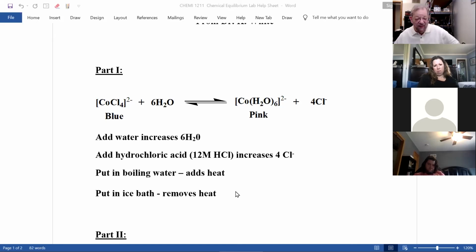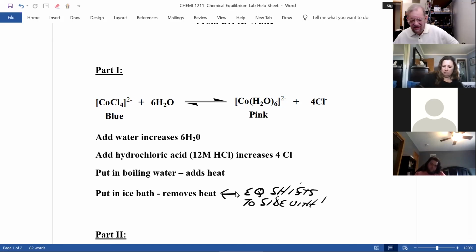When you put it in an ice bath, you're removing heat. Therefore, the equilibrium will shift to the side with heat.